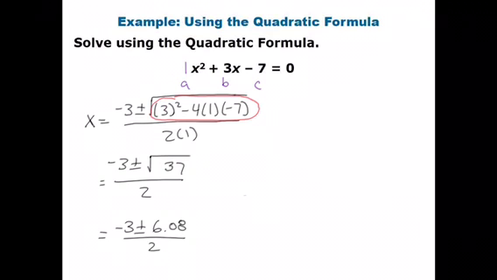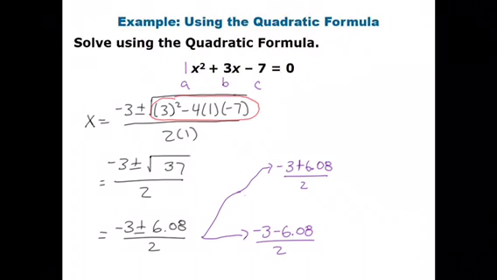All right, so now I separate this into my two equations. The first one being negative 3 plus 6.08 divided by 2, and the second being negative 3 minus 6.08 divided by 2. On the top equation, we've got negative 3 plus a positive 6.08, which gives me 3.08 divided by 2.